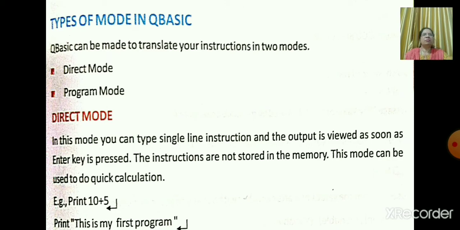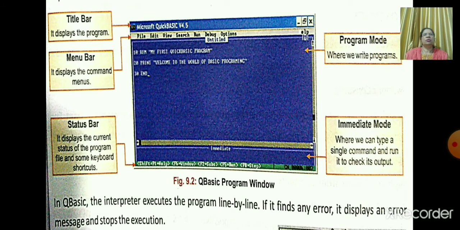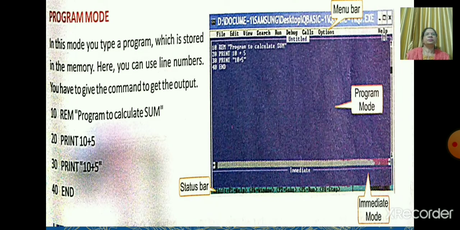Can you see here the immediate mode down below? And program mode is in the upper part, where it is written untitled. In this mode you type a program which is stored in the memory.